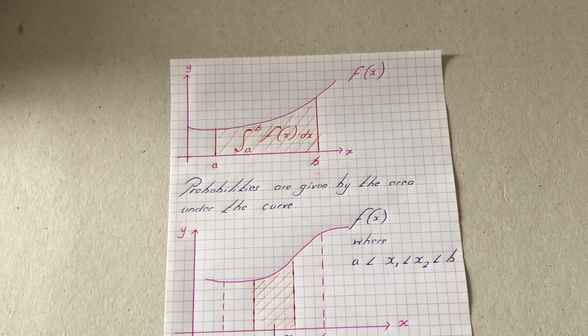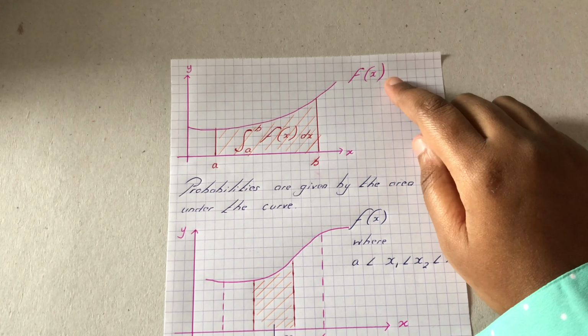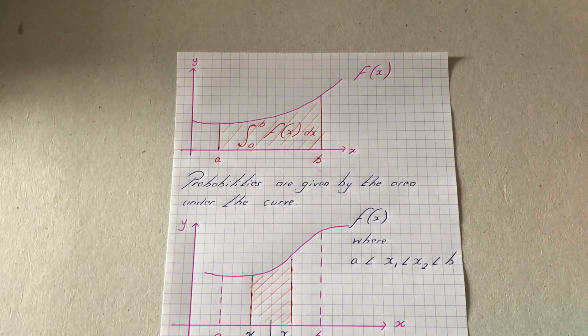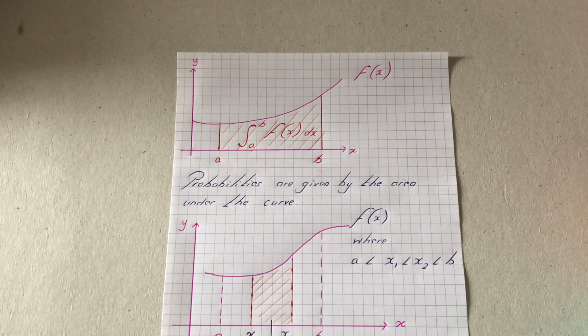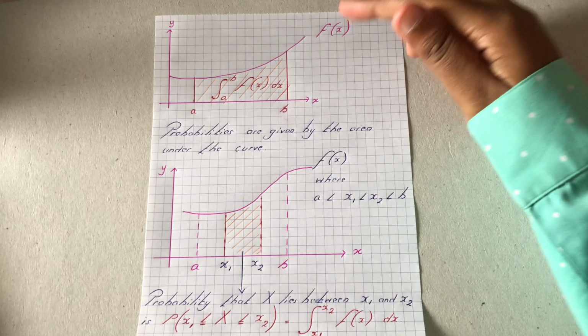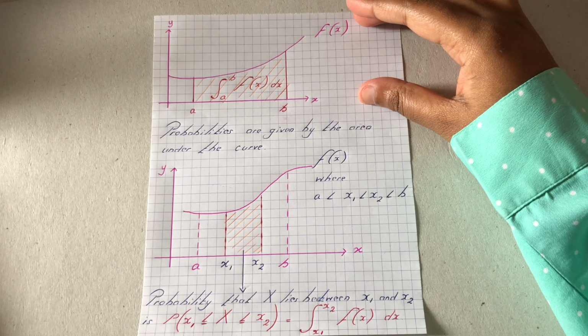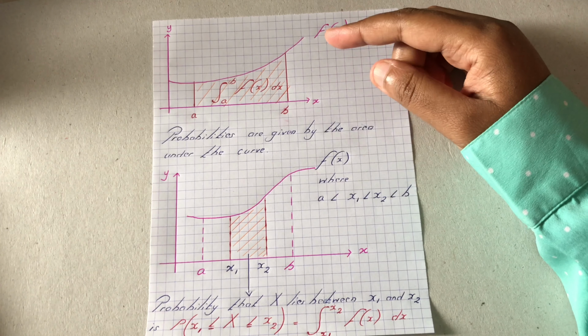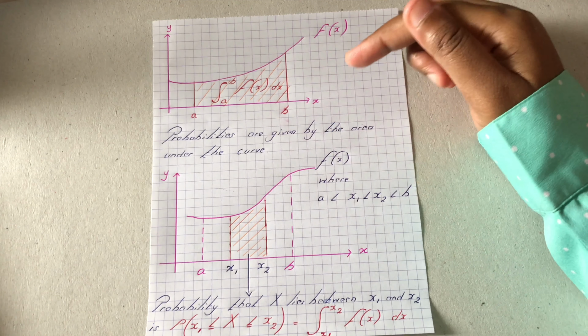As you can see in this diagram, we have a function f of x which is valid from lower limit a to upper limit b. So if we need to find the probability from a to b, we simply integrate the function from lower limit a to upper limit b. So basically, probabilities are given by the area under the curve. The first graph shows a function valid over a range from a to b.